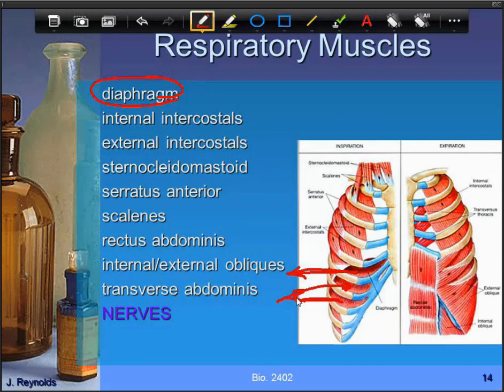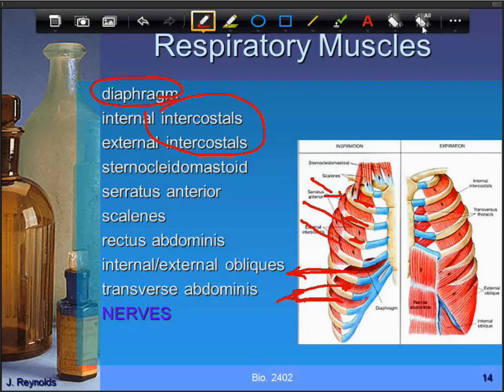Okay, now on the left side are the external muscles overlying. All right, then we've got the intercostals. They're between the ribs, okay? Ribs right here. Intercostals are these short little muscle sections in between the ribs. All right, now we have internal and we have external.